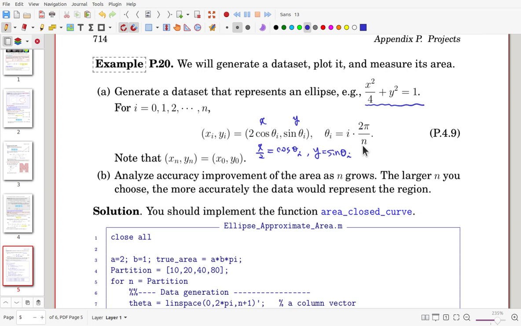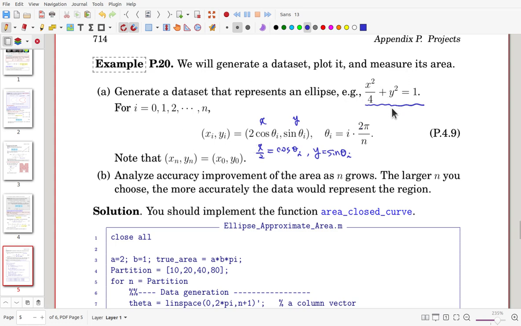We can analyze accuracy improvement of the area as n grows. And if we choose larger n, then we can get a better accuracy. The area made by this ellipse is now 2 pi, right?